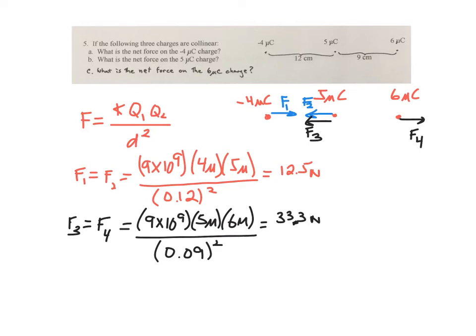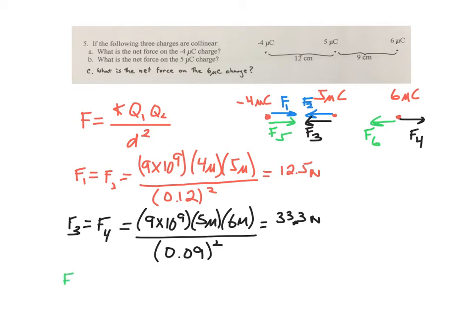All right, then we have the outer two charges, ignoring the 5 microcoulombs in the middle, the 4 and the 6 microcoulomb charges. They are attracting each other, so I will denote that as F sub 5 and F sub 6. That's going to be a weak force because they're far apart, but they're equal to each other.